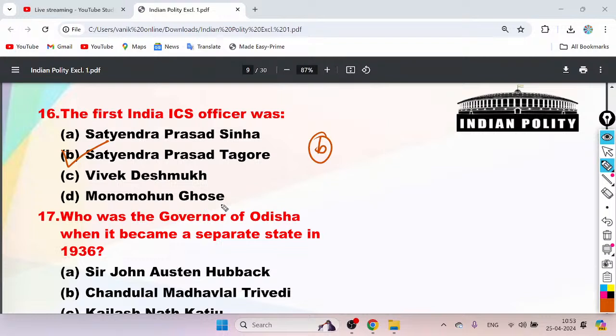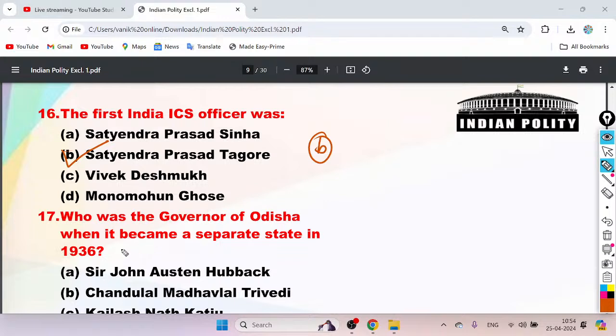Indians were allowed to appear in the ICS examination only after Charter Act 1853, and the modus operandi was recommended by the Macaulay Committee of Civil Service in 1834. Satyendra Nath Tagore became the first Indian ICS officer.